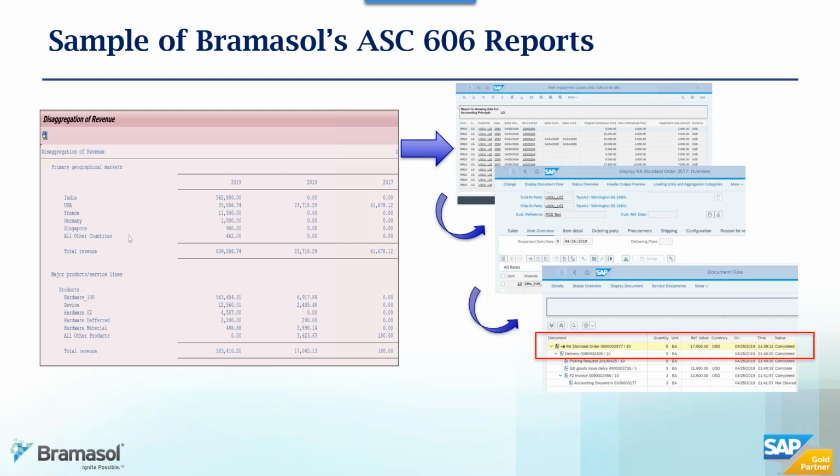So this is a little teaser here of a 606 summary report that's coming out with the same drill down, drill through capabilities that you're going to see in the CLM demo coming up.